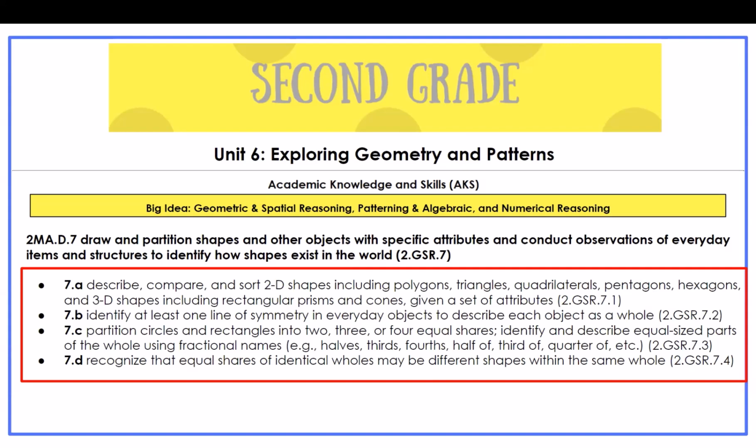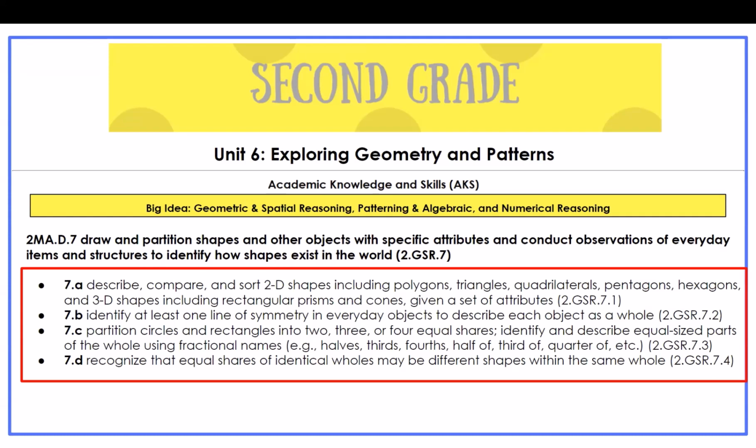The work students do with this standard in second grade will serve as the foundation for the work they will do in relation to symmetry and quadrilaterals in third grade. IOA 7A requires students to describe, compare, and sort 2D and 3D shapes given a set of attributes such as the number of vertices, angles, edges, sides, and faces.